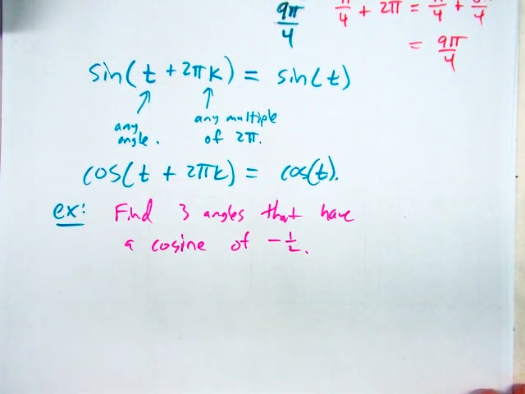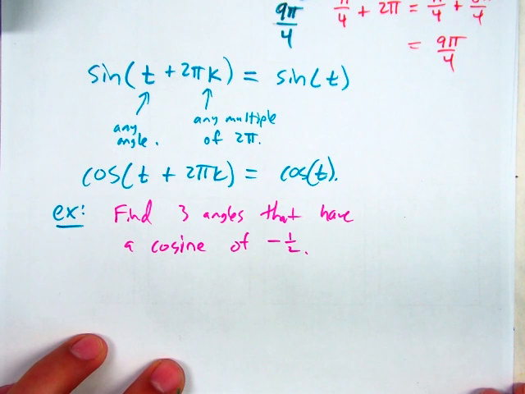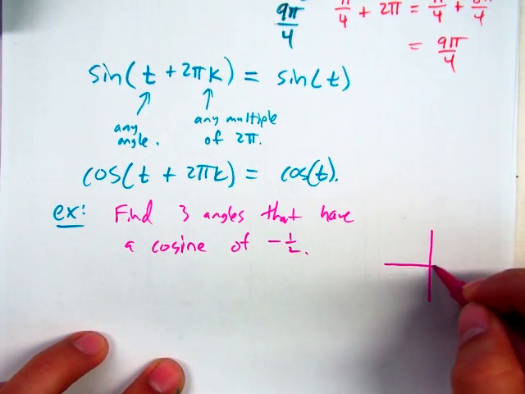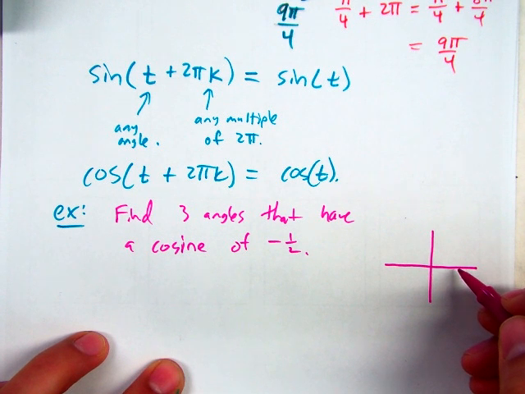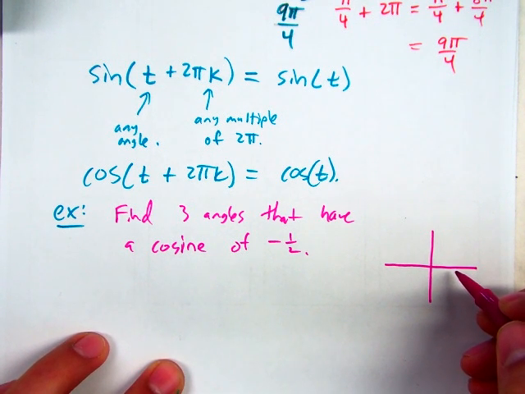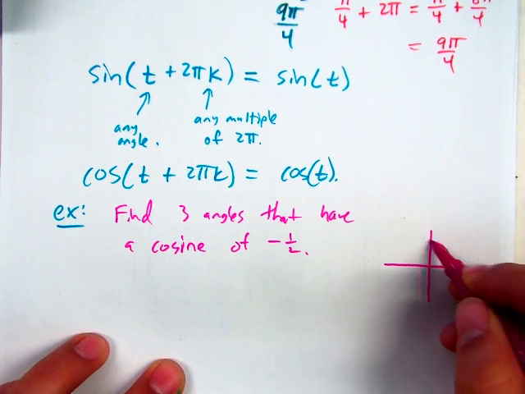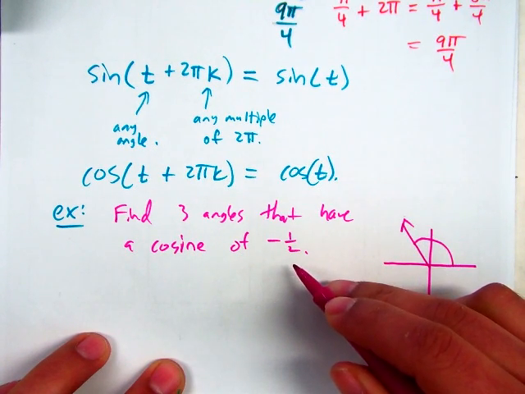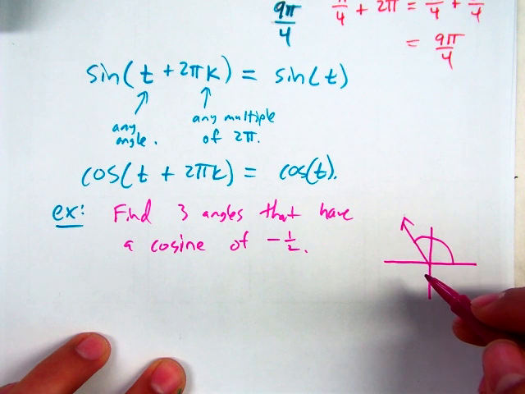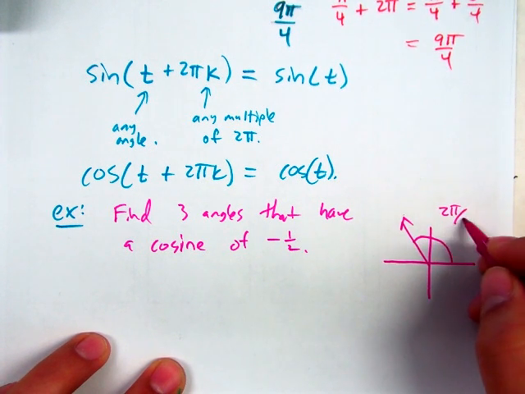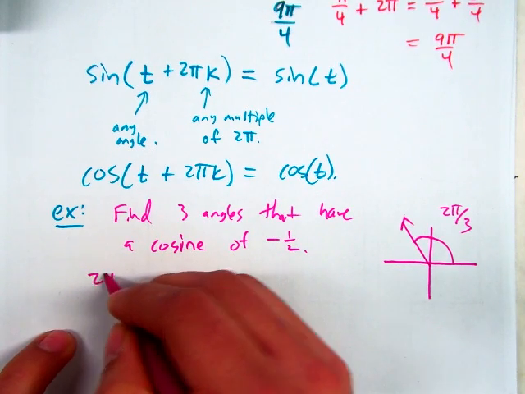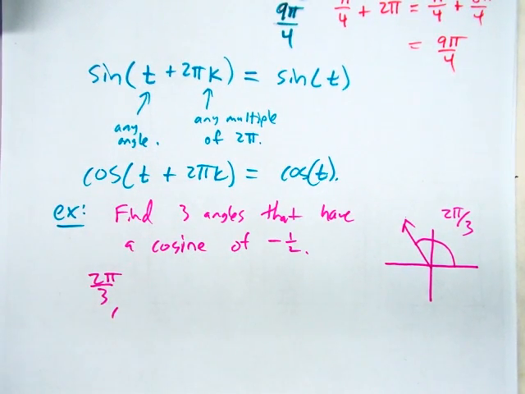There are multiple answers here, but probably the easiest thing to do would be to just find the first angle, which would have to be in what quadrant? Quadrant 2. And what angle is this where the x or the cosine is negative 1/2? Does everybody buy that? So 2 pi over 3 is one angle that has a cosine of negative 1/2, right?